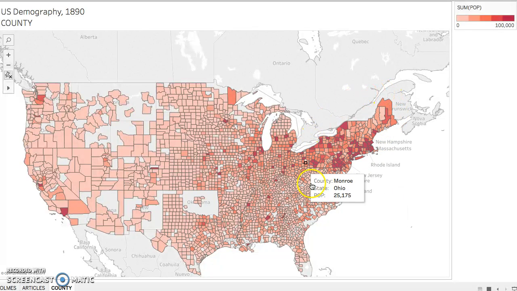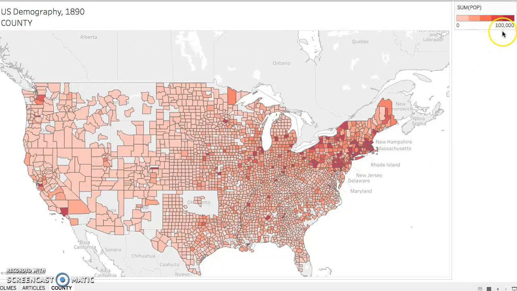Lots of the population is centered in the New England area, the original 13 colonies, particularly in the northern area of New England. We see really deep red in Pennsylvania, in New York, in New Jersey, Connecticut, Massachusetts, New Hampshire, etc. So the darkest red here means a population of 100,000 or more in the county.